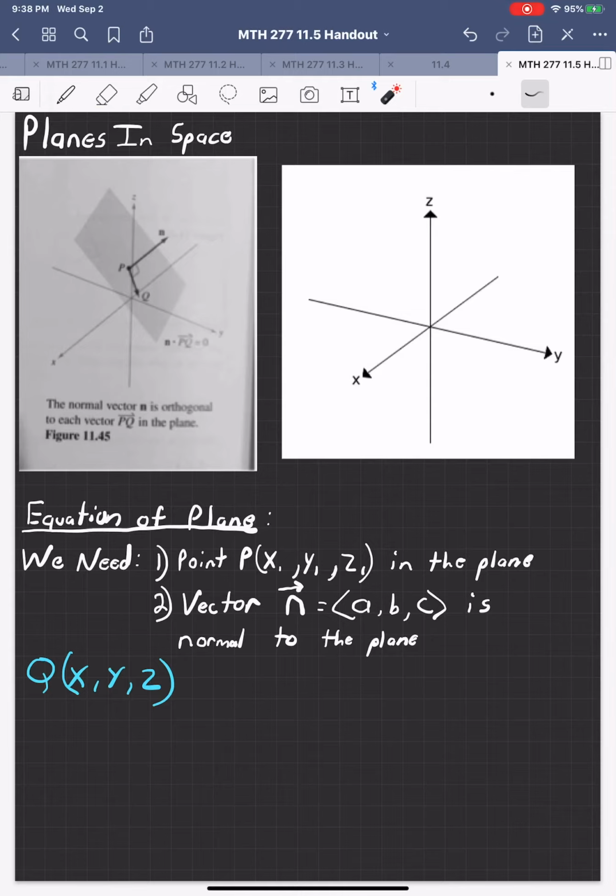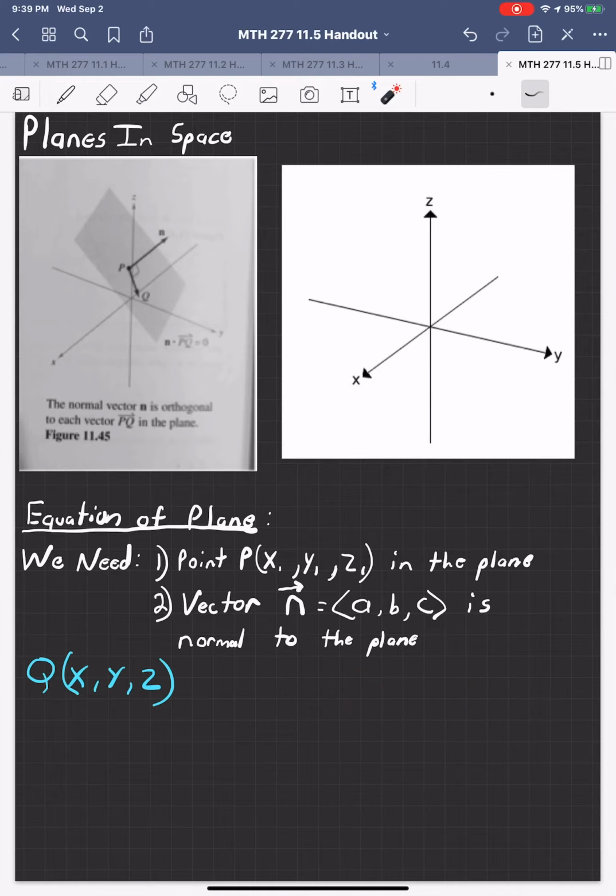And here we go. We're going to make use of a topic that we learned in 11.3, which is the idea of the dot product. Do you recall that if you take the dot product of two perpendicular vectors, the dot product is always 0?